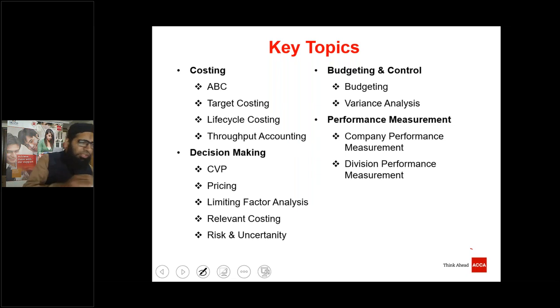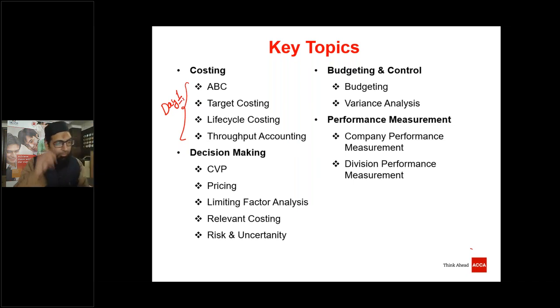Now, my division for the next 5 days will be as follows, as I have seen that a lot of students are concerned about that. Day 1, we will be discussing the costing topic. On day 2, we will be covering CVP, pricing and limiting factor.